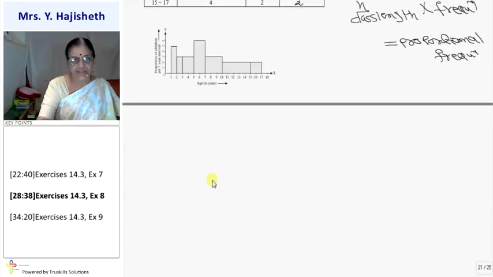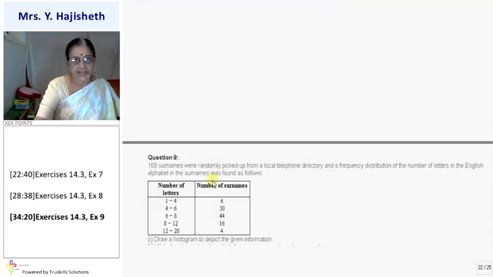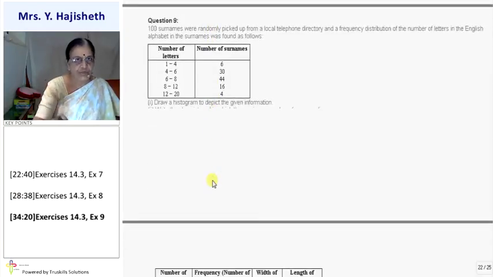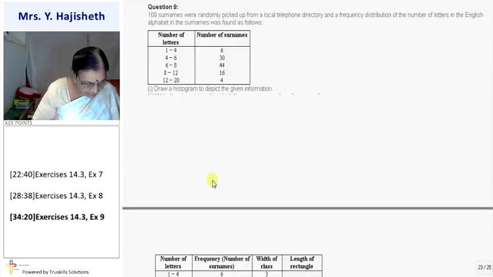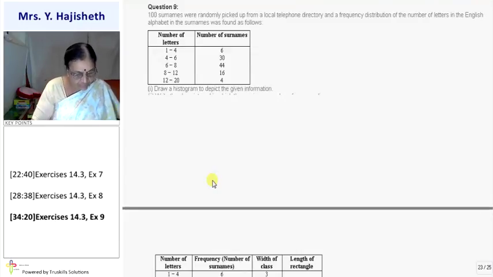Now last sum is 9 sum of 14.3. 100 surnames were randomly picked up from a local telephone directory, and a frequency distribution of the number of letters in the English alphabet in the surname was found as follows.